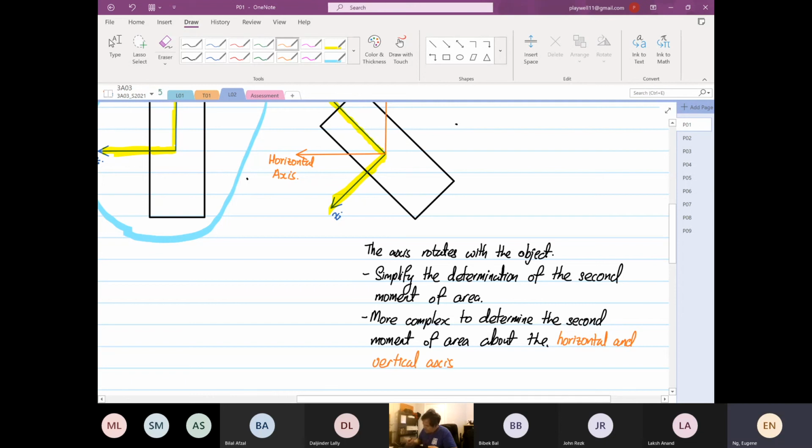Okay, so a key thing to remember, which I'm going to highlight down here, is the axis rotate with the object. Axis down here, I mean Y and Z axis.